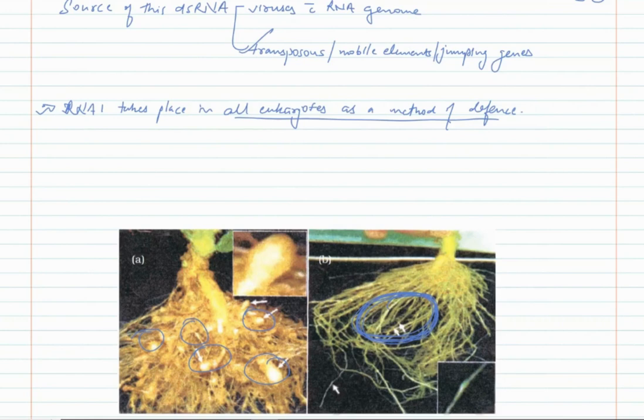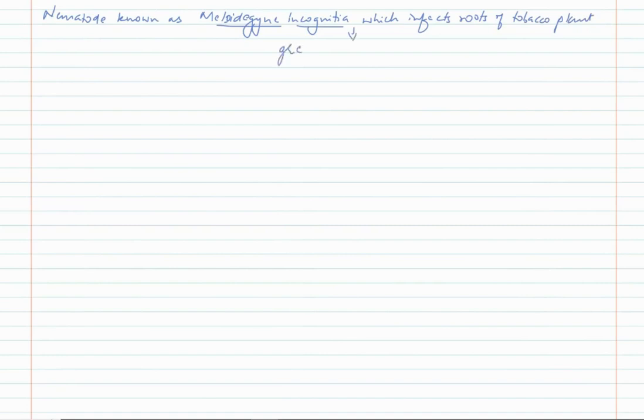There is a nematode known as Meloidogyne incognita, which infects roots of tobacco plant, and this causes great reduction in yield and increased losses.